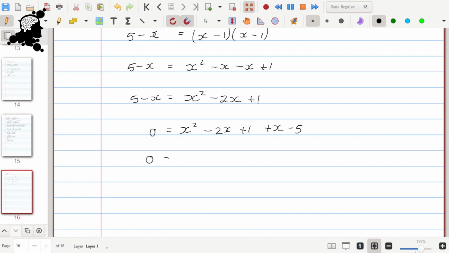And so 0 is going to be equals to x squared negative 2x plus x, that's going to give us negative x. 1 minus 5, this is going to give us negative 4. Right. In this instance, we cannot really factorize this.